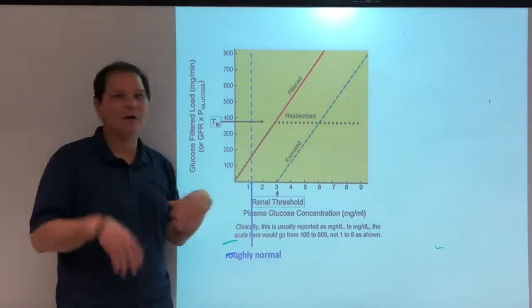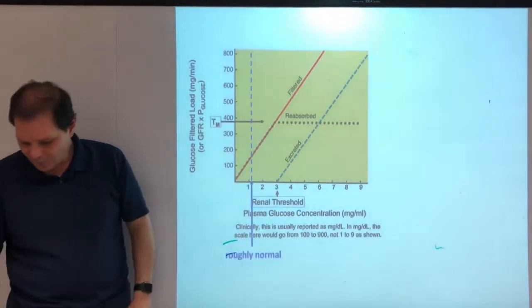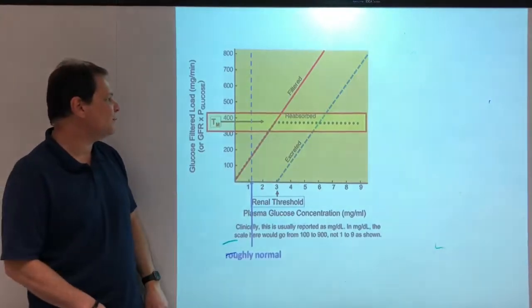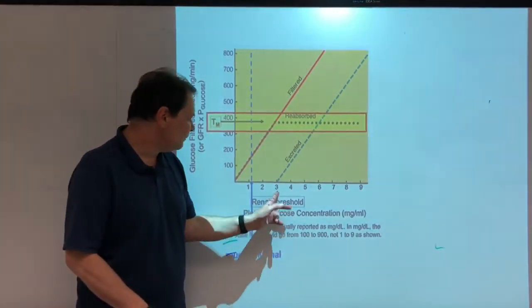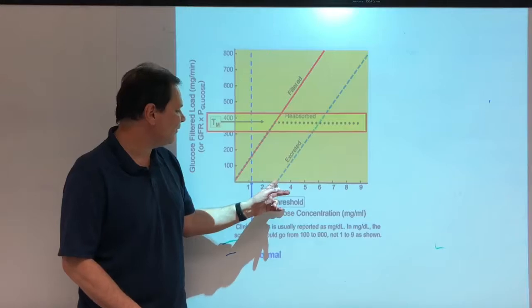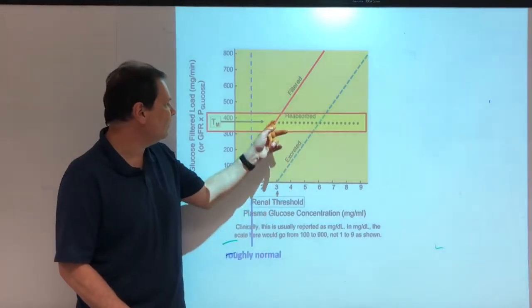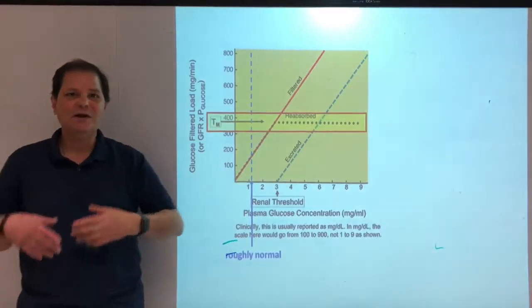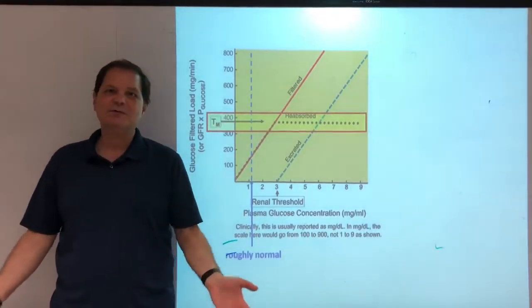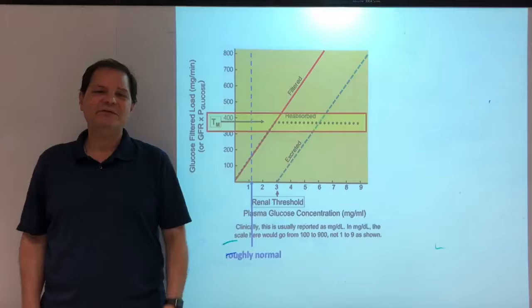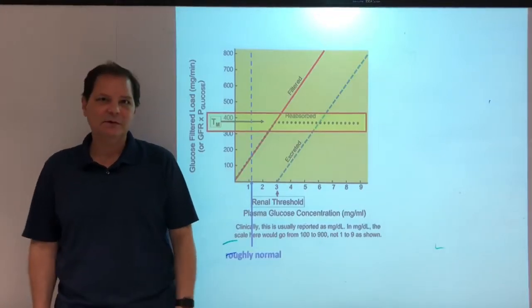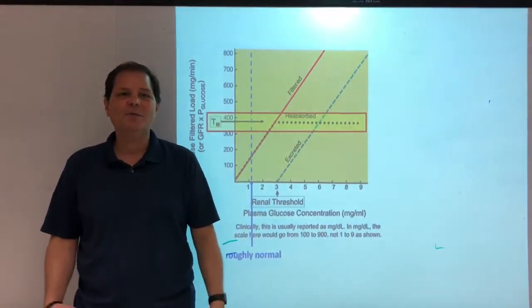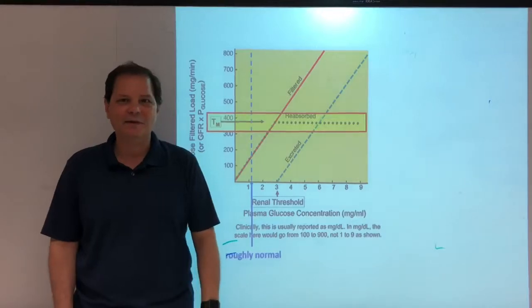If you reabsorb it all, then nothing ends up in the urine. But you'll notice that we do have a transport maximum here. Once your plasma glucose gets to about 3 milligrams per mil, you hit the transport maximum. This is the point at which you're transporting as much glucose from the renal tubule into the interstitium as you possibly can, and you can't transport any more because the transporters can't handle any more.